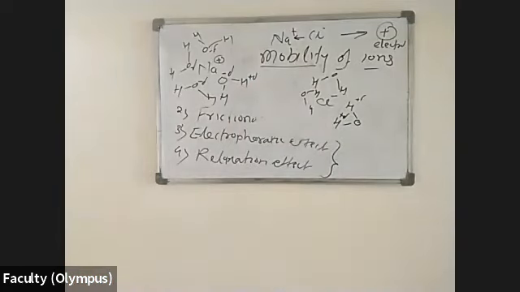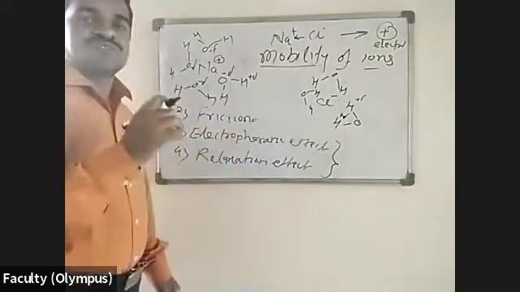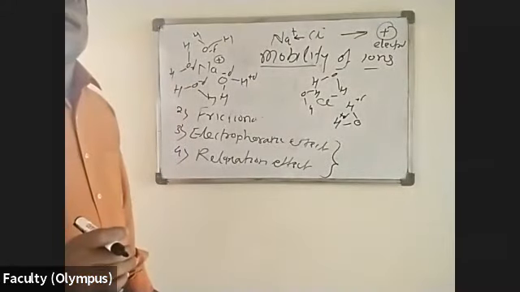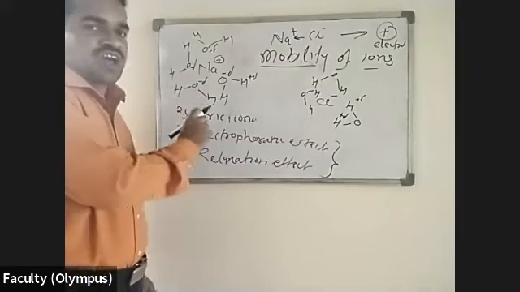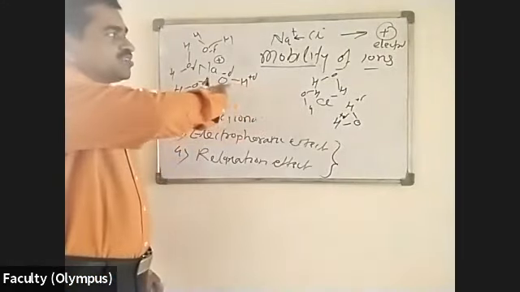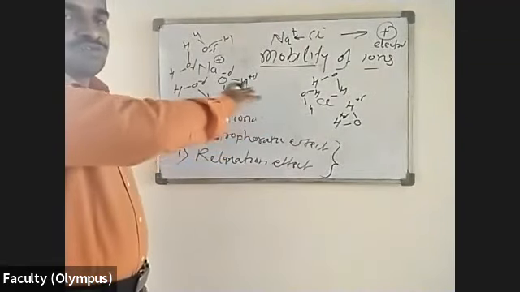So because of this, the negative charge or positive charge is minimized. And because of this minimization of charge, there is less force of attraction between the oppositely charged electrodes and these ions.